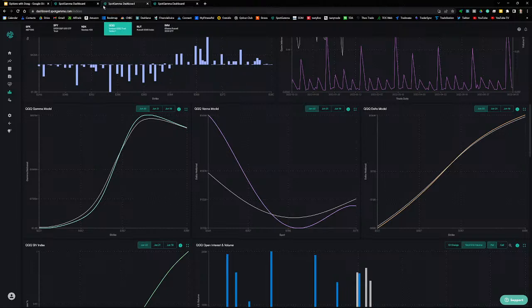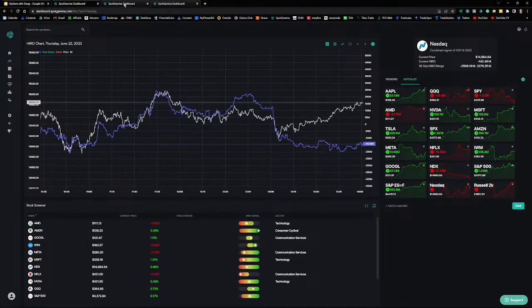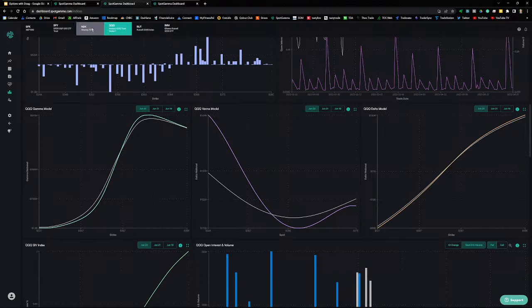You can just see by this gamma notional here that, for SPY, for example, we're talking about 1.37 billion versus 8.5 million for NDX. So NDX, and especially even compared to QQQ at 389 million, is insignificant. So I just normally don't look at the Vanna model for NDX.